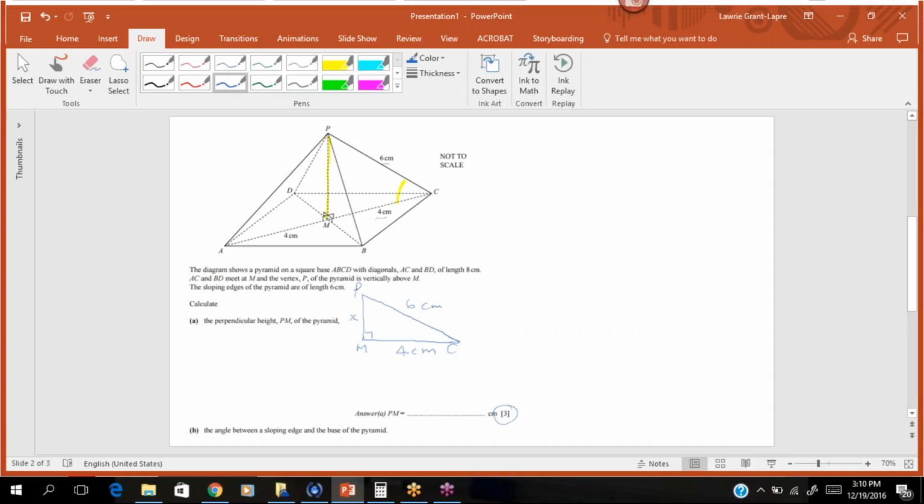So we will use Pythagoras' theorem. We will write x squared plus 4 squared equals 6 squared. That's Pythagoras' theorem: x squared plus 4 squared equals the hypotenuse squared. We want to know x, so we'll take 4 squared across the other side, minus, so we've got 6 squared minus 4 squared.